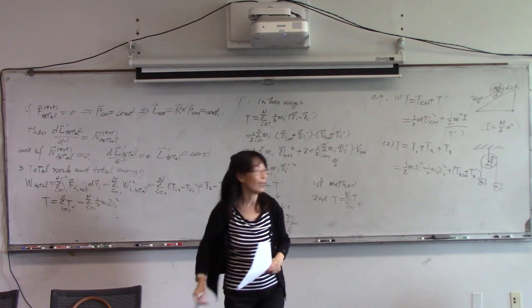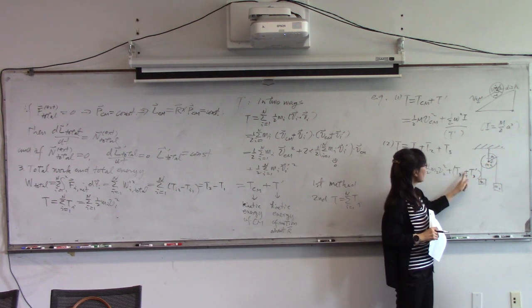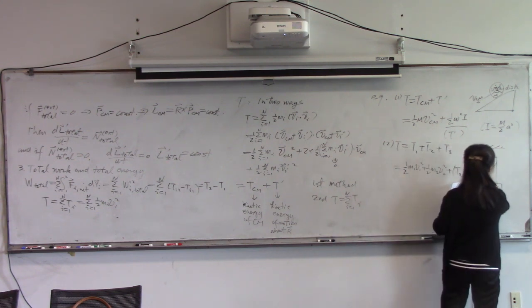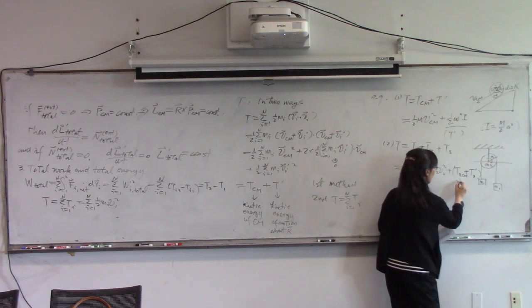We have to consider the kinetic energy of center mass plus the relative kinetic energy with respect to the center mass. Suppose if we select here, and if not select, but we know this is fixed, right? So this be 0.